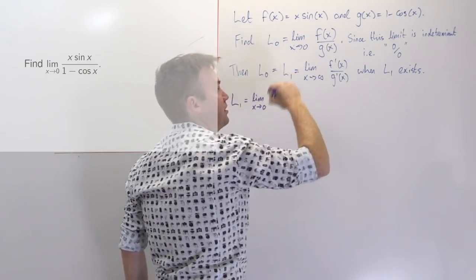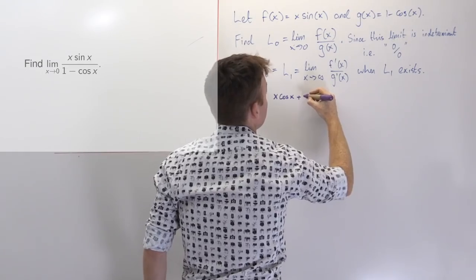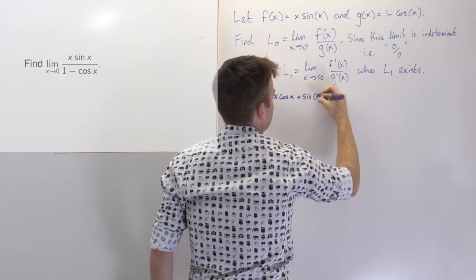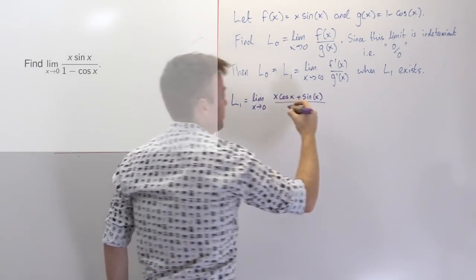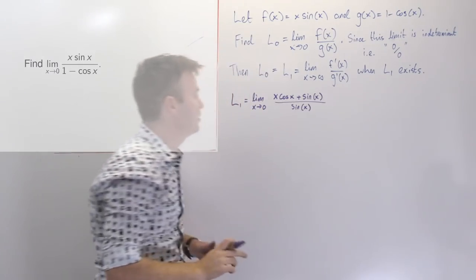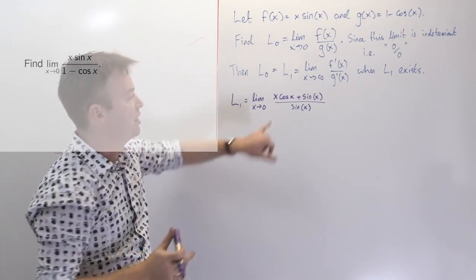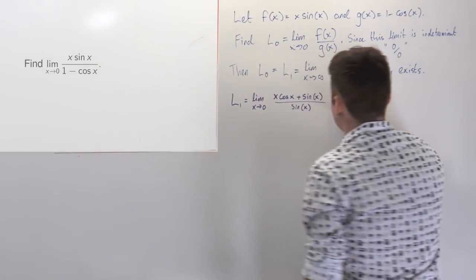Sine goes to cos, right? Over, and 1 minus cos goes to negative sine, so this is sine x. When x goes to 0, this is 0 over 0 again, of indeterminate form.